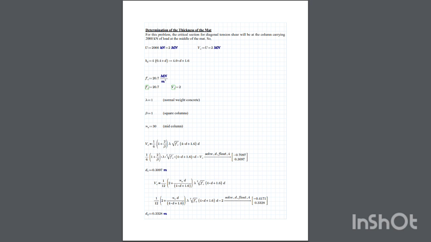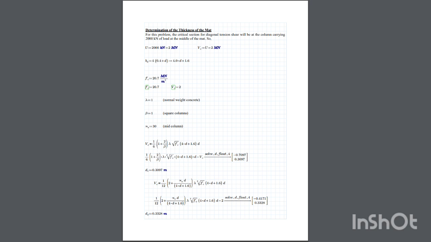So our f'c is 20.7 meganewton per meter square. Lambda is equal to 1, beta is equal to 1, alpha s is equal to 30.